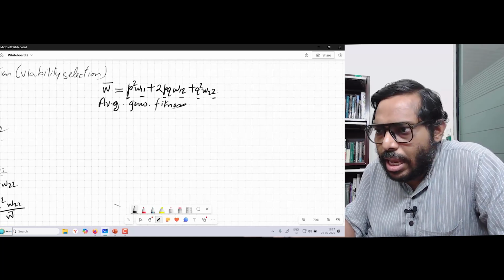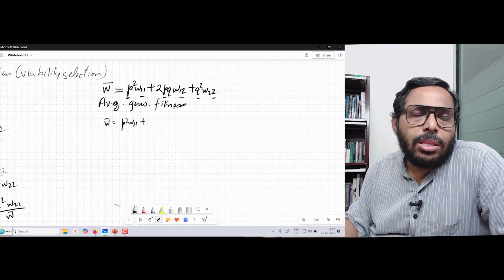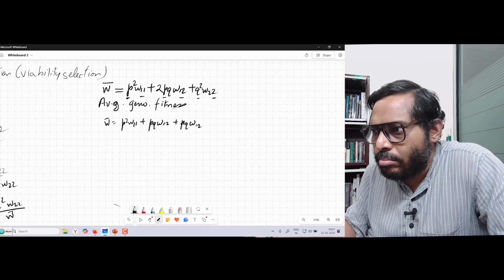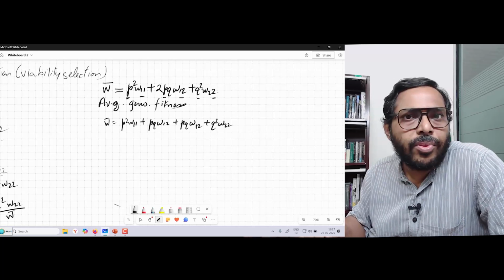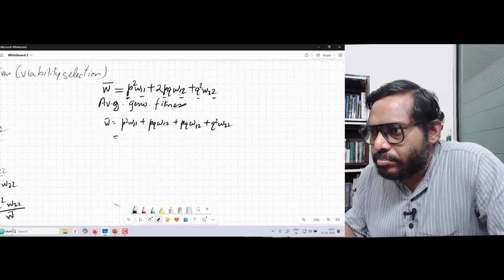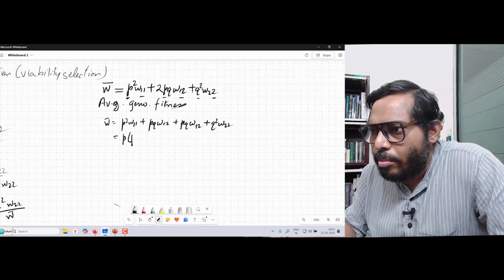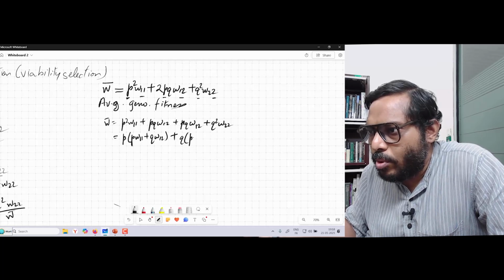Taking P common from the first two terms and Q common from the last two, this is P times (PW11 plus QW12) plus Q times (PW12 plus QW22).